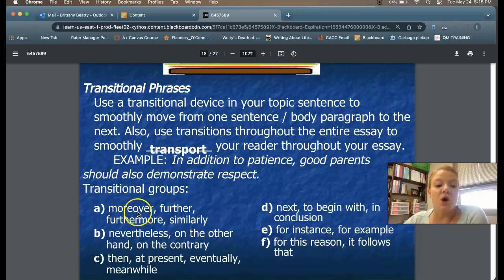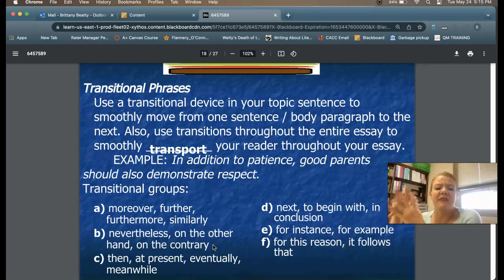So moreover, further, furthermore, similarly, those are phrases in between examples or pieces of evidence that are alike. Nevertheless, on the other hand, on the contrary, those go in between pieces of proof that are opposite one another.